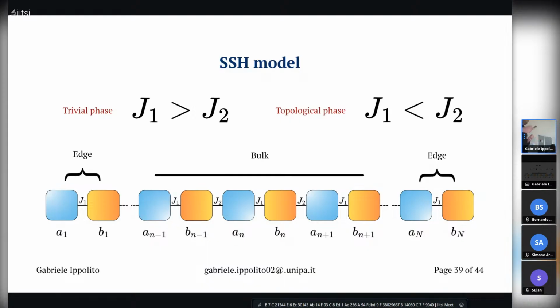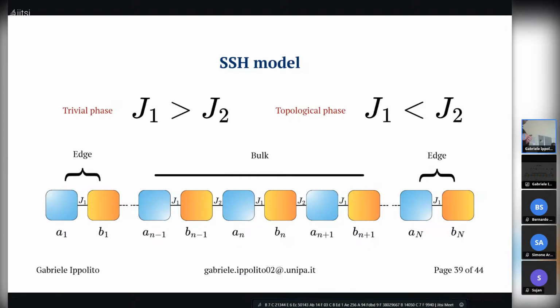And the SSH model, in terms of coupled cavity arrays, is nothing but a set of cavities that are arranged along a chain. But now the hopping rates are different and they are alternated. We start from J1, then we have J2, J1, J2.